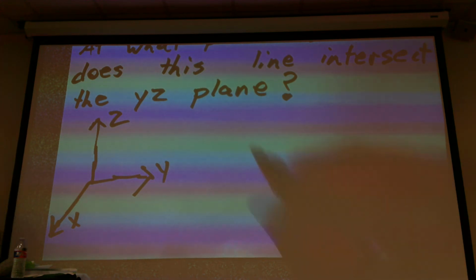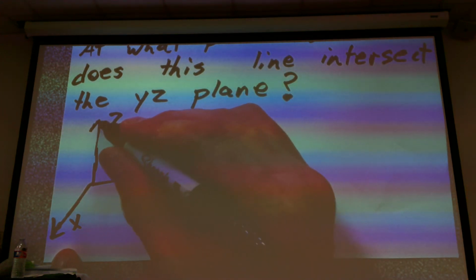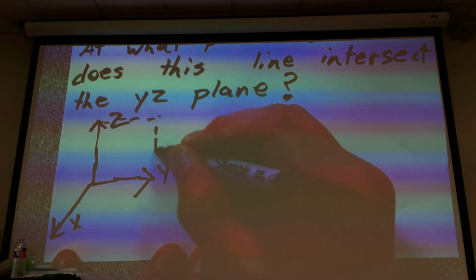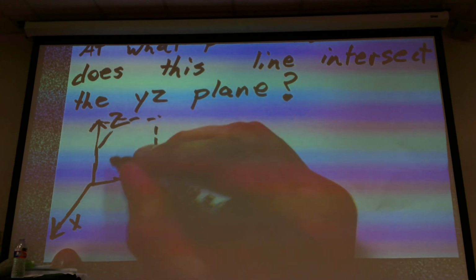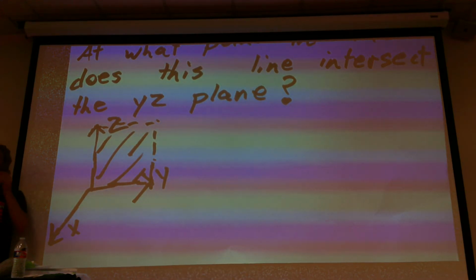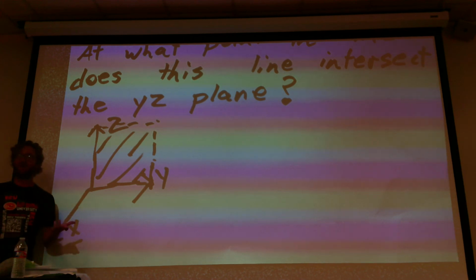I'm just going to draw it in its first quadrant, and imagine it as being like a wall, flat up against the YZ plane.